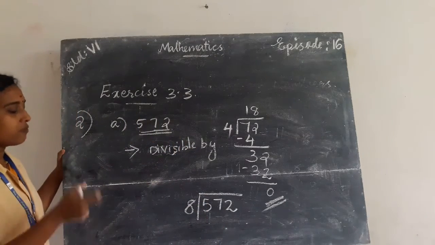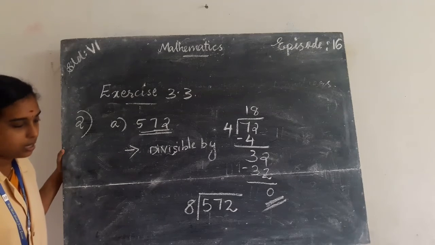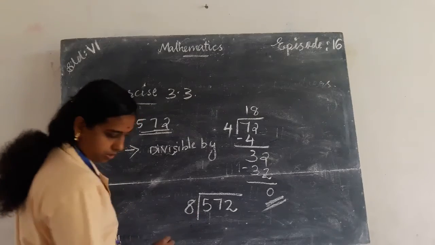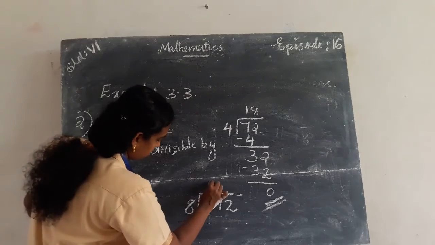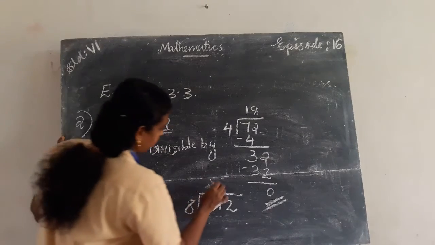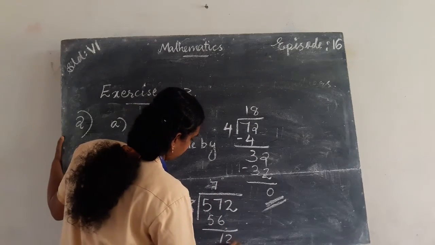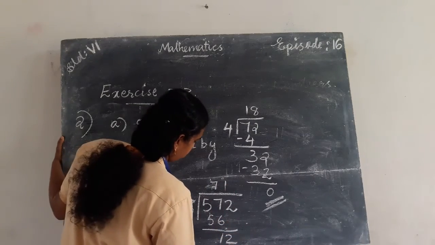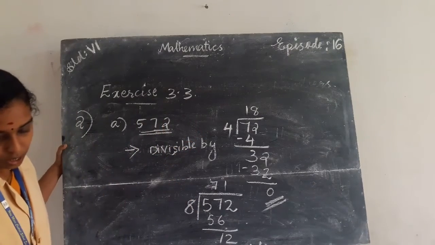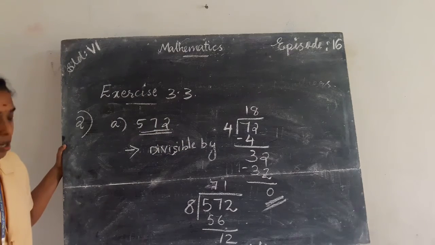If the remainder is 0, then we can say that the number is exactly divisible by 8. Okay, so we get the remainder as 4. Then we can say that this number is not divisible by 8.